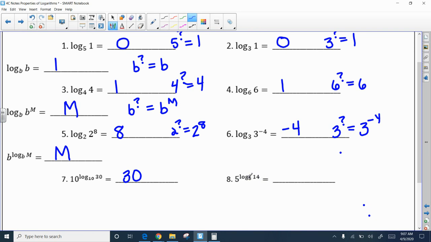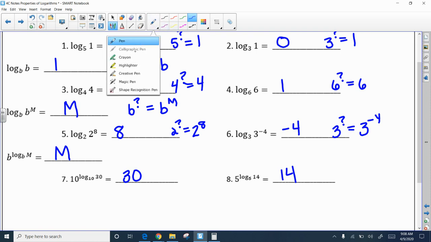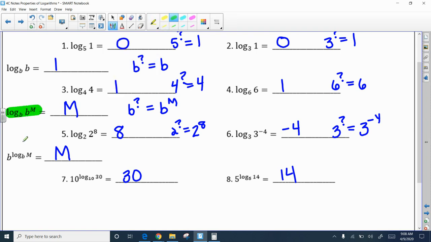The 5 and the log base 5 are going to get rid of each other, and we're just going to be left with 14. So these second two properties here, we're definitely going to want to know those because that will help us in our next section when we are solving exponential equations.